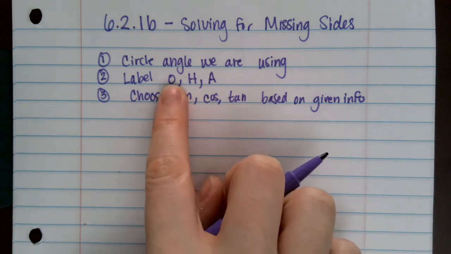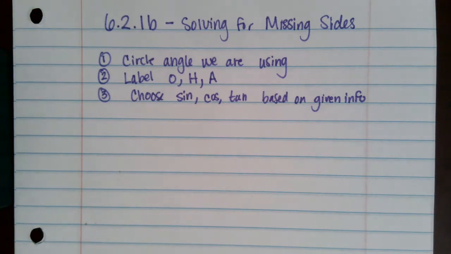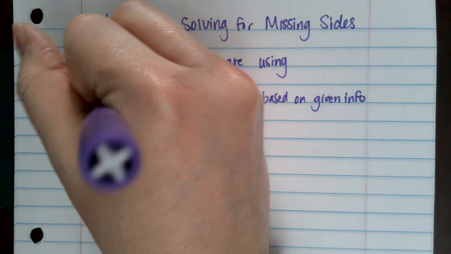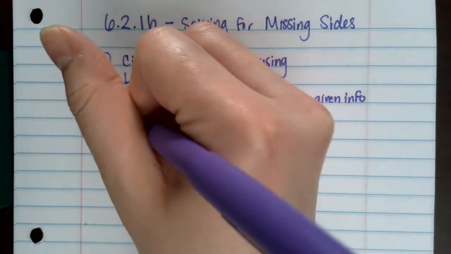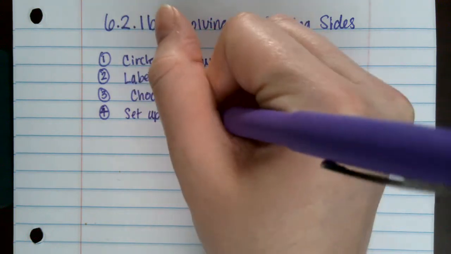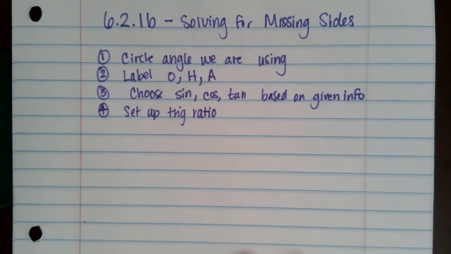If we're only given O and A, we would need to use tangent. Once you've determined which trig ratio you want, set up that trig ratio. So set up all the information that you have based on whether you are using sine, cosine, or tangent.